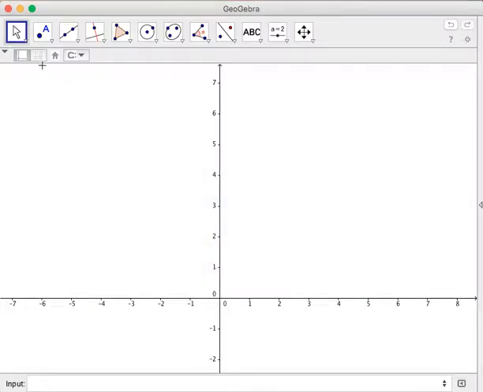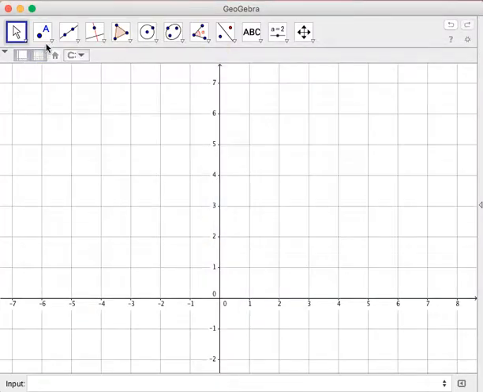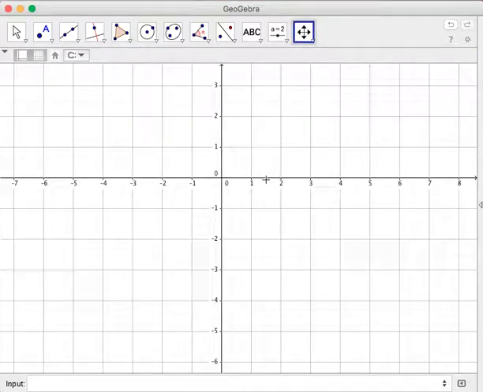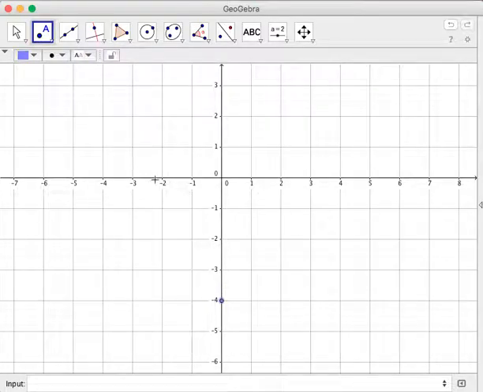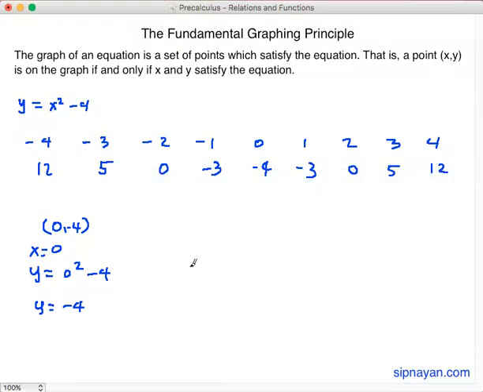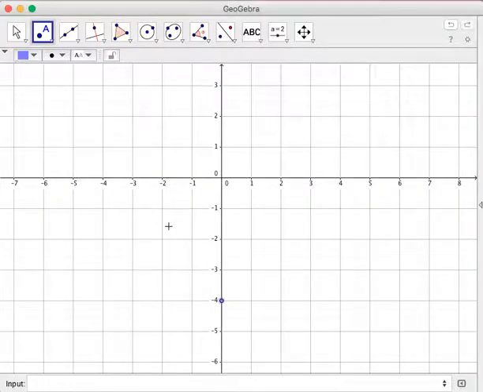So, kung mag-graph tayo, (0, negative 4), 0 yung x, negative 4 yung y. 0 yung x, this is our x-axis, and then negative 4 yung y natin. And then we also have (negative 3, 5).